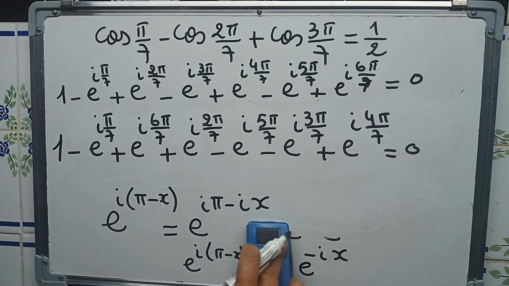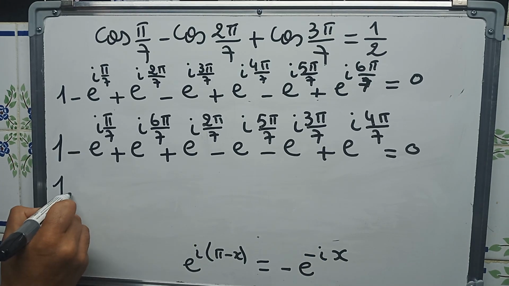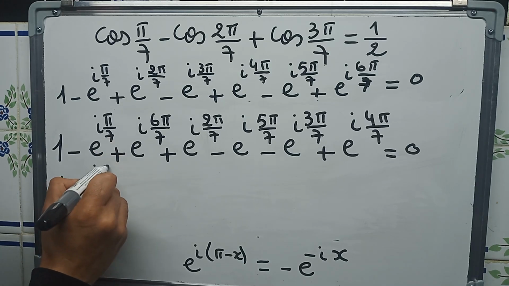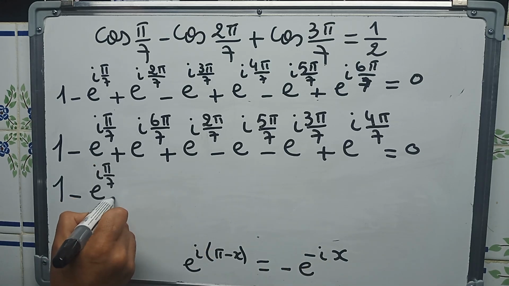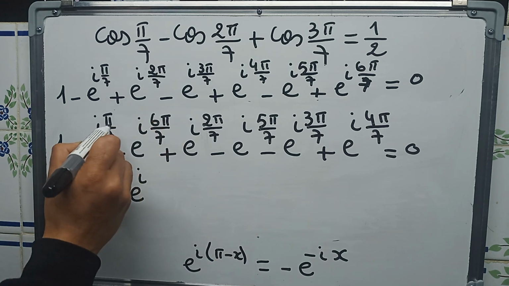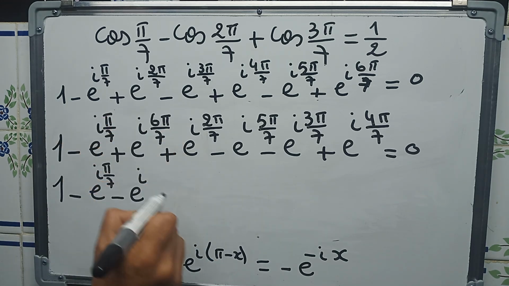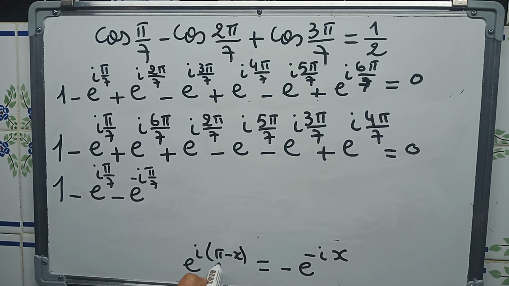Now we will use it here in our formula. So here we will have 1 minus e^(i pi over 7), and e^(i 6 pi over 7), using this, is minus e^(i(pi minus x)), so pi minus pi over 7, so we'll have minus e^(minus i pi over 7), using this formula with x equals pi over 7. Pi minus pi over 7 is 6 pi over 7.